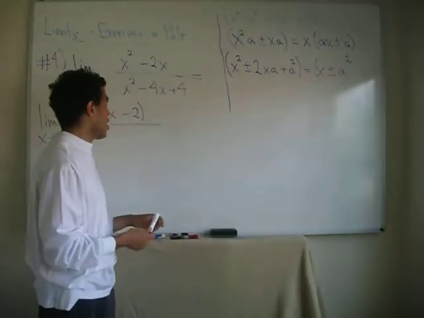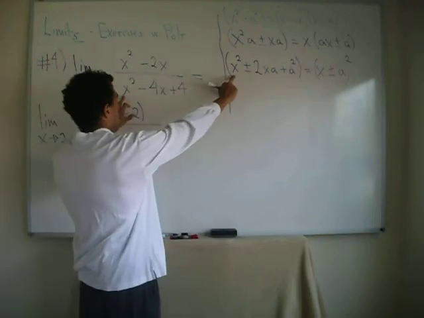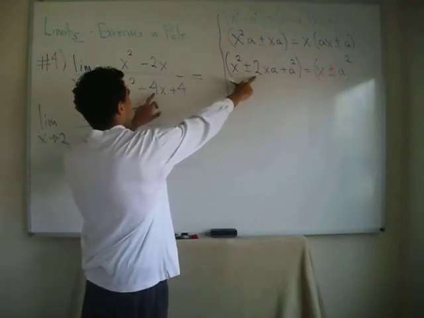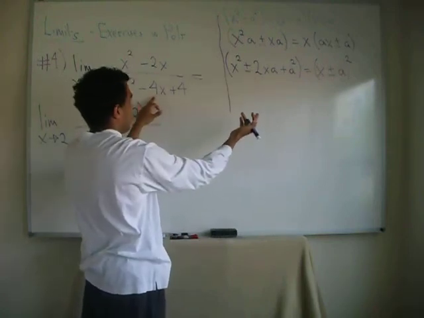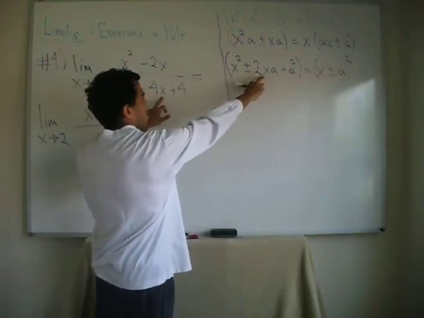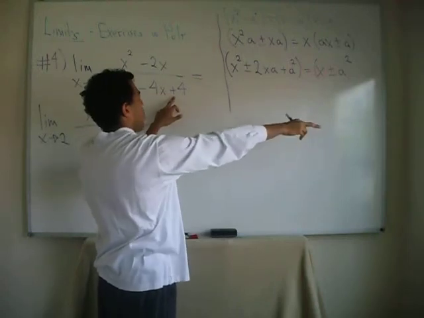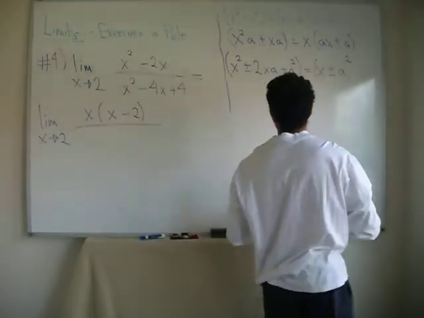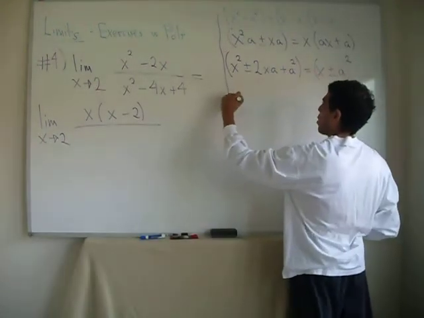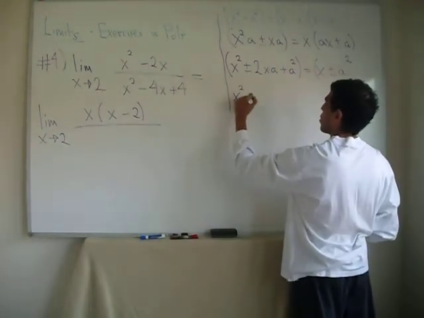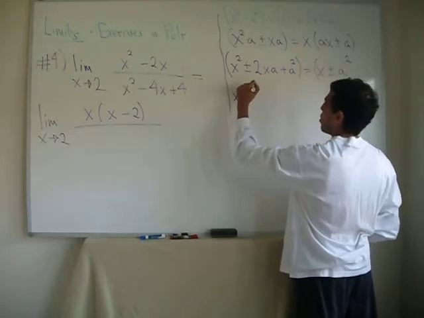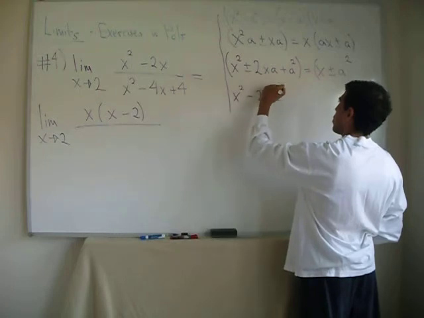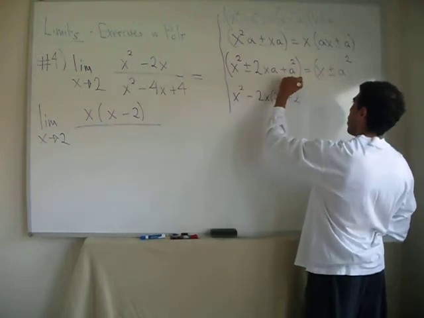Well, in this case I have x squared minus 2 times 2 times x plus 4, which is a square. So in this case I have x squared minus 2 times x times 2 plus 2 squared.